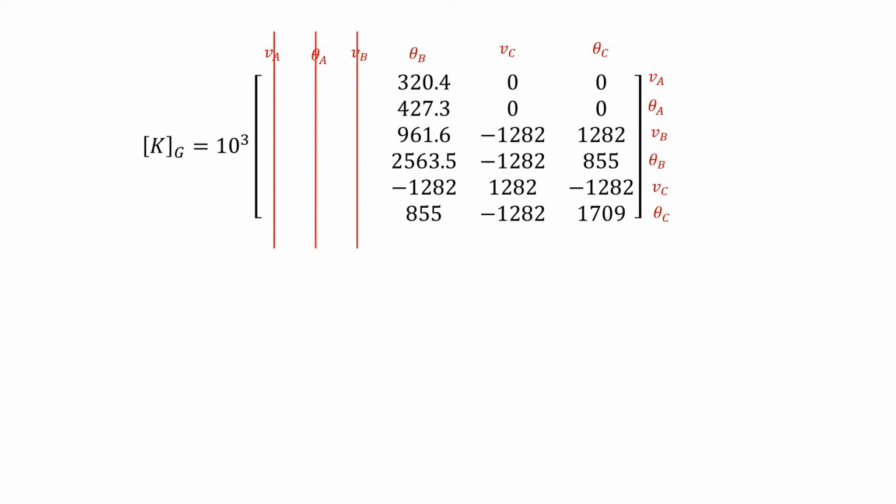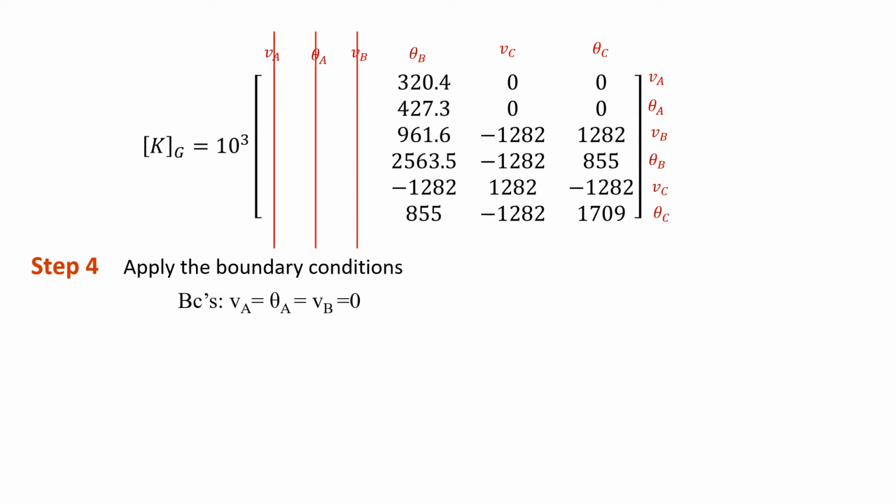Once we have our K global, the next step to solve this problem is to apply the boundary conditions. As we know, in this problem, VA, theta A and VB are equal to 0. So in order to reduce this matrix and obtain our displacement, we have to eliminate those rows having zero value.